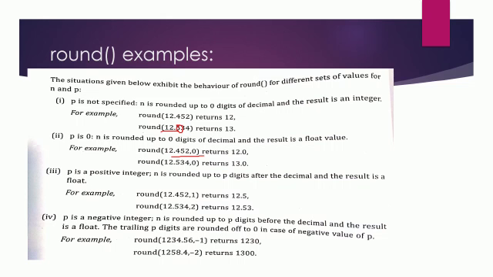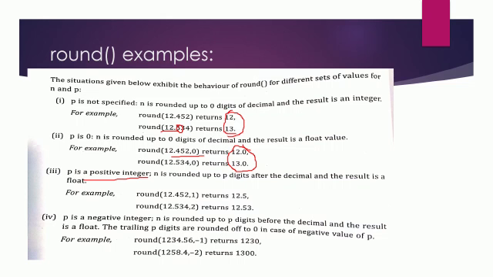In the above example it gives an integer as output, but in this next example it's not like that. 0 was there as p's value, so a 0 will be there only after the decimal point. Then here you can see a positive integer is given as p.